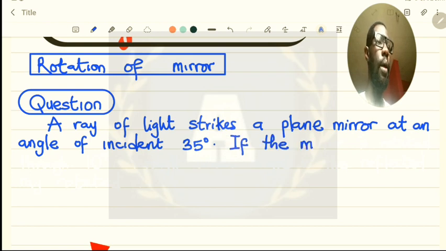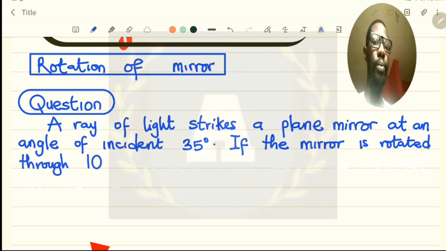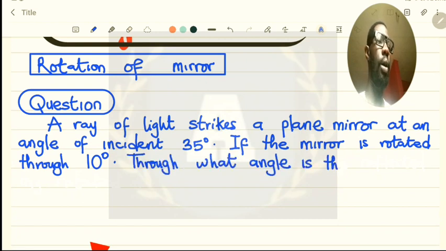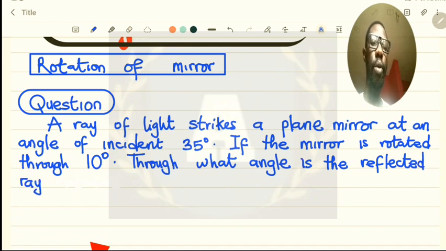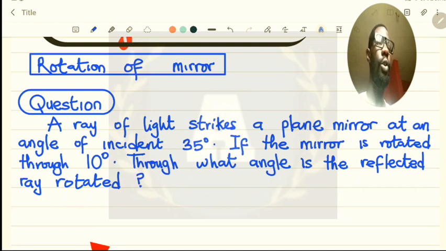If the mirror is rotated through 10 degrees, through what angle is the reflected ray rotated precisely?